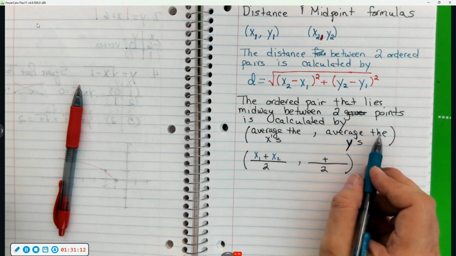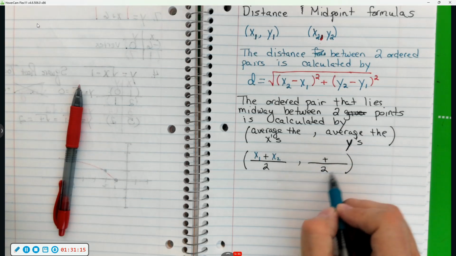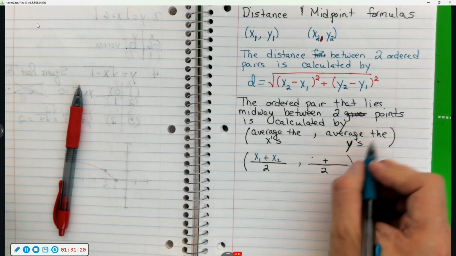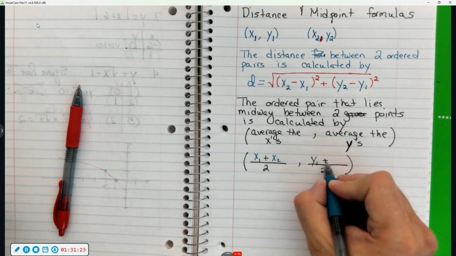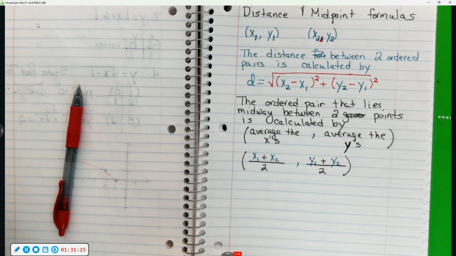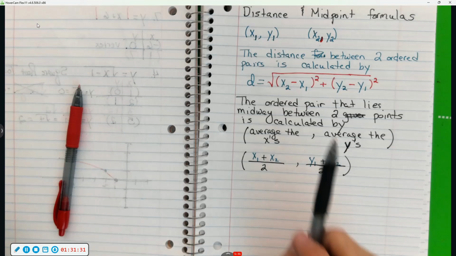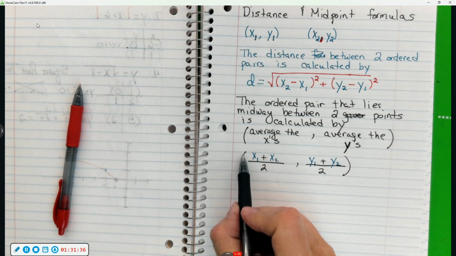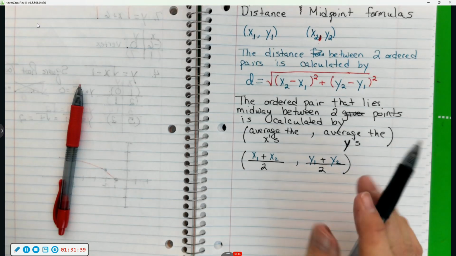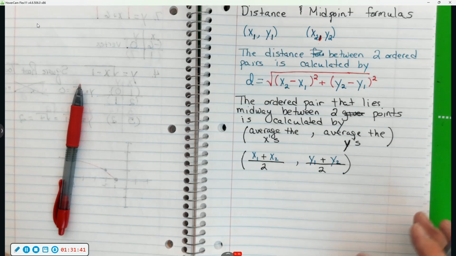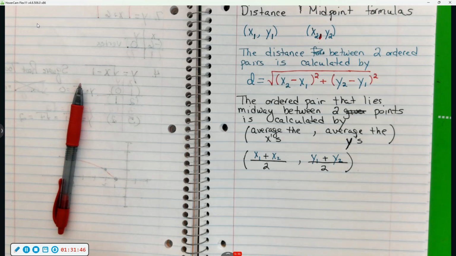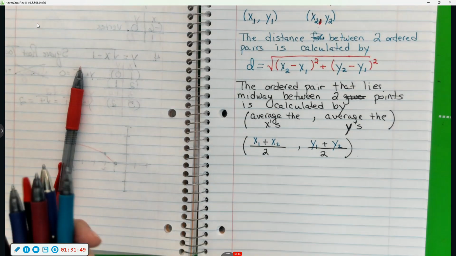And then to average the y's, could y'all tell me what I'm about to write right here? How do I average the y? y1 plus y2, divide by 2. And the midpoint is an ordered pair. You've got to put parentheses around them, as you'll see in the example I'm going to do. If you forget to put the parentheses around the ordered pair, it's going to count it wrong. But I'll demonstrate that.